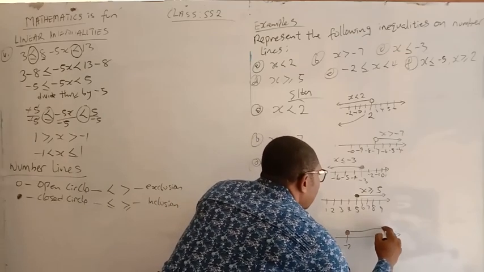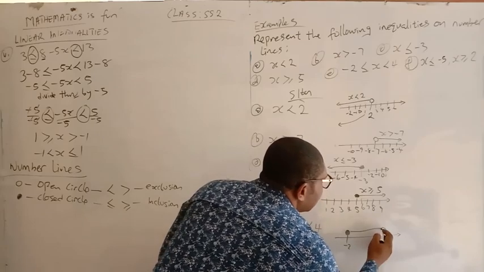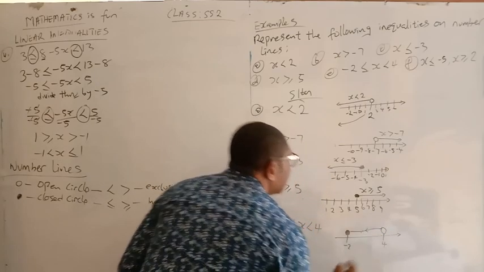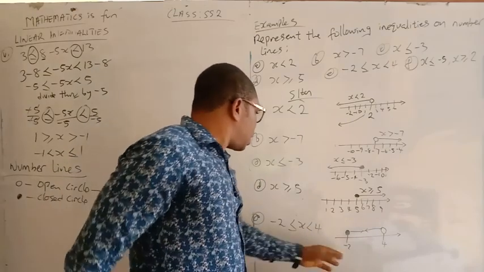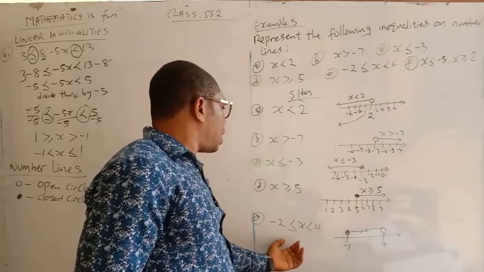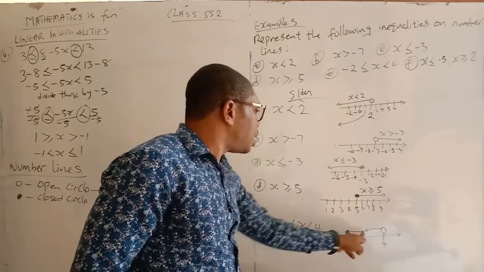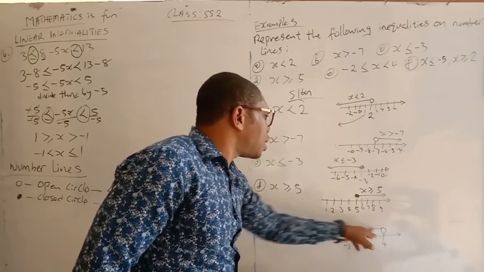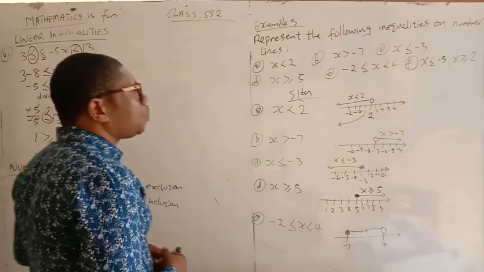Excluding 4, you have an open circle. This is the same thing as saying x is greater than or equal to negative 2, and that's why it is going this way. And this is saying x is less than 4, and that's why it is coming to the left.